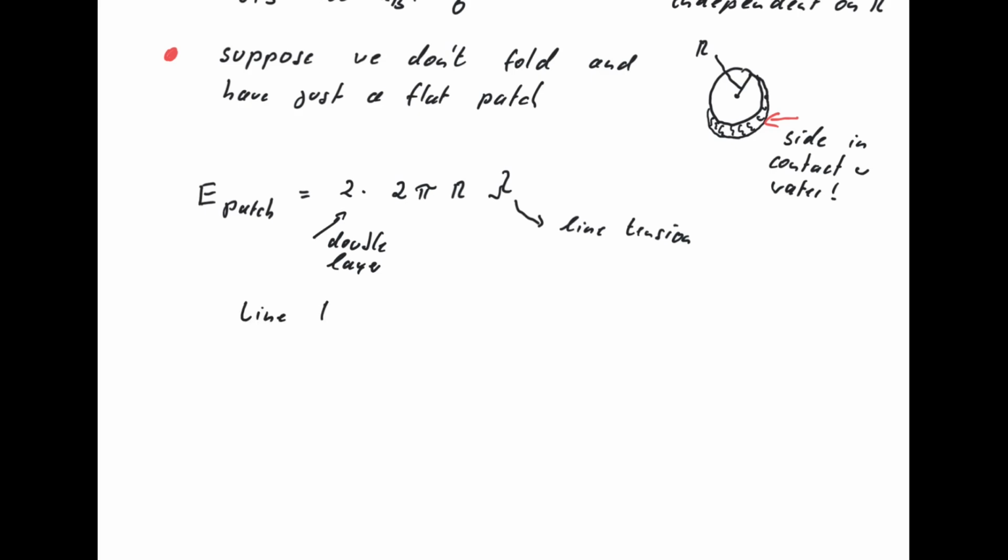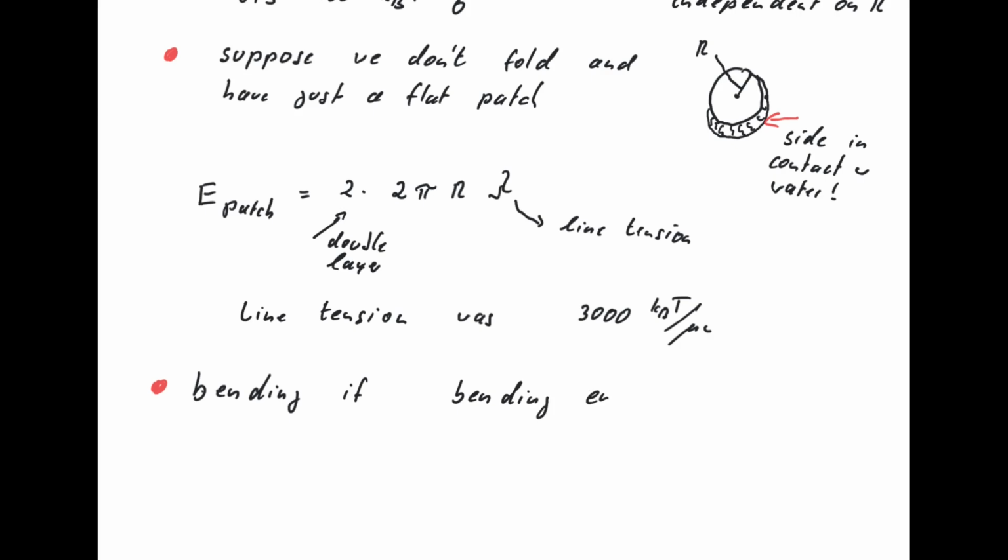Now, again, in the beginning of the lecture, we looked at the line tension and we found that it was 3000 kBT per micron. So now we have to compare the energy that is required to bend a vesicle to this line tension and the patch energy that we just described.